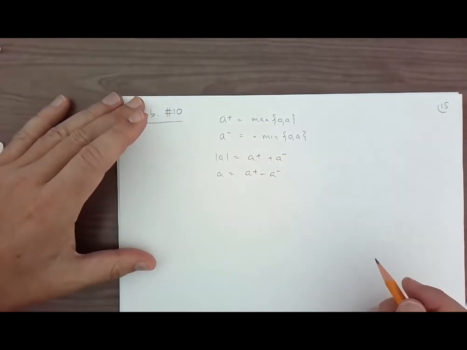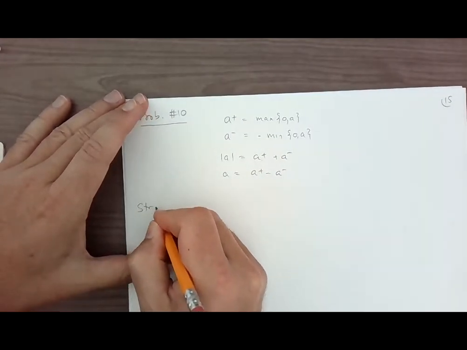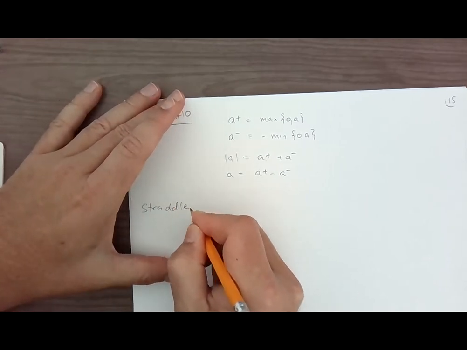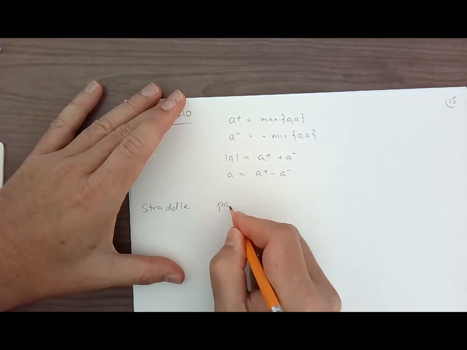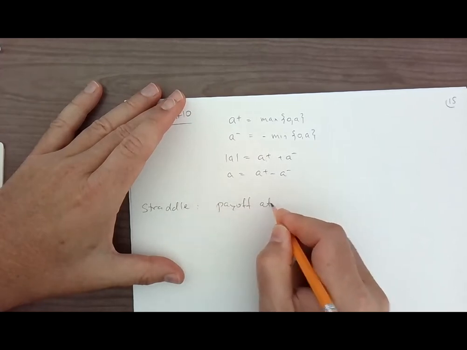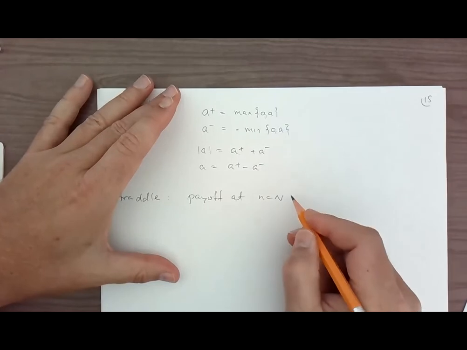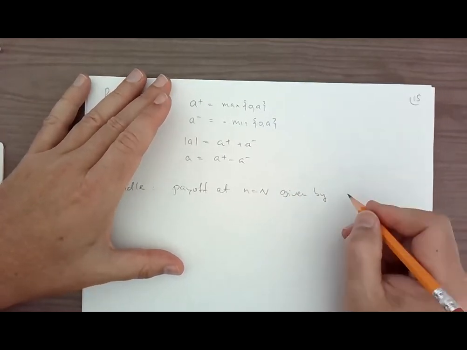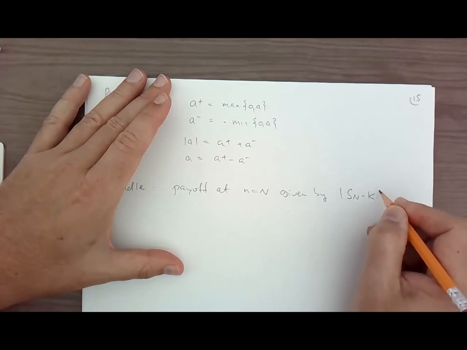So when you talk about a straddle, that's a payoff at time capital N given by the absolute value of Sn minus k.